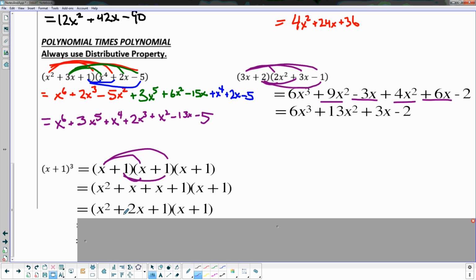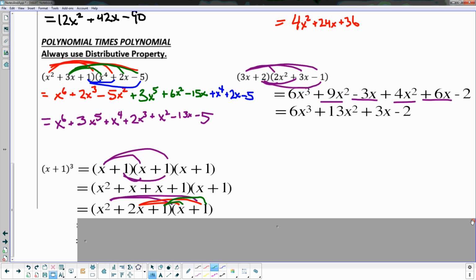So at this point, I want to take all of the things in the first one, multiply it by everything in the second. So I'm multiplying those, I'm multiplying those, and I'm multiplying those, if you can track all that.